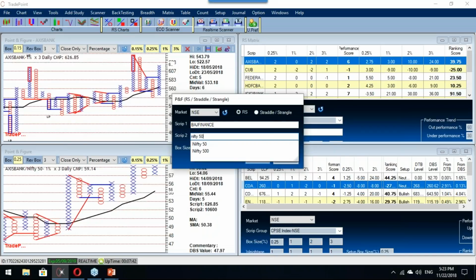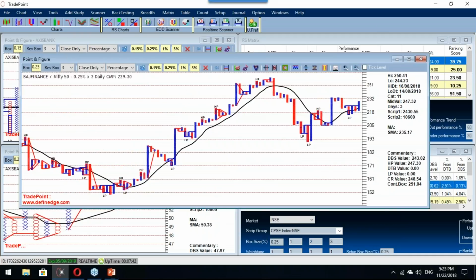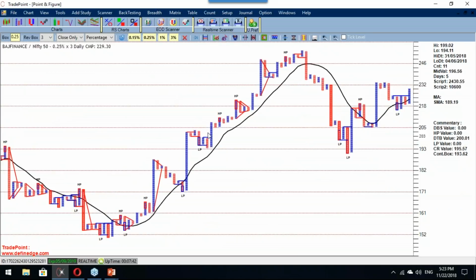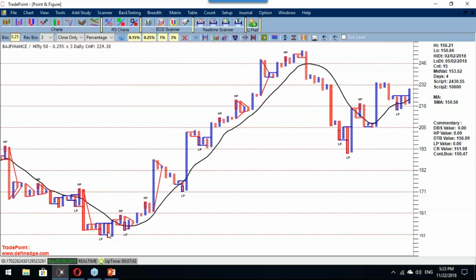And so what I'm plotting here is Bajaj Finance divided by Nifty 50. Where was it? So this was somewhere around February, March, when Nifty made that bottom and made the final run up, if you guys remember, right?